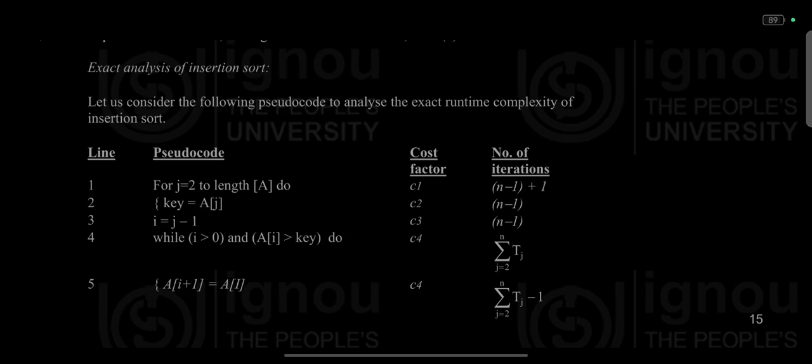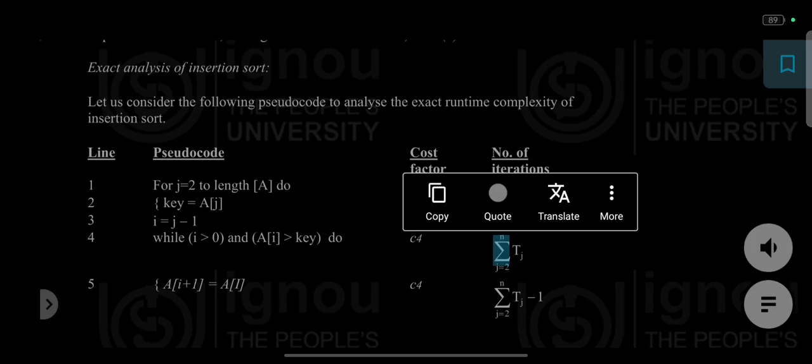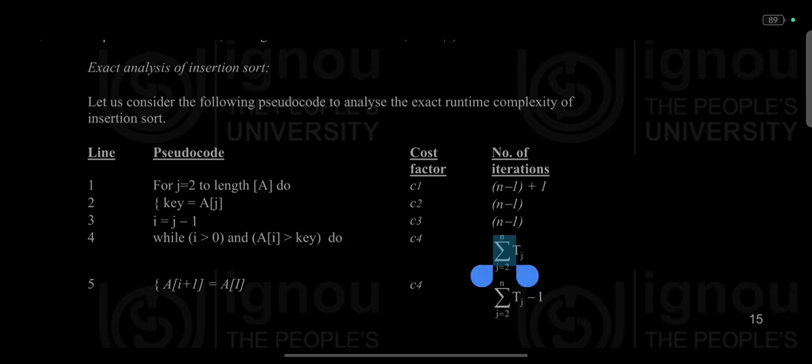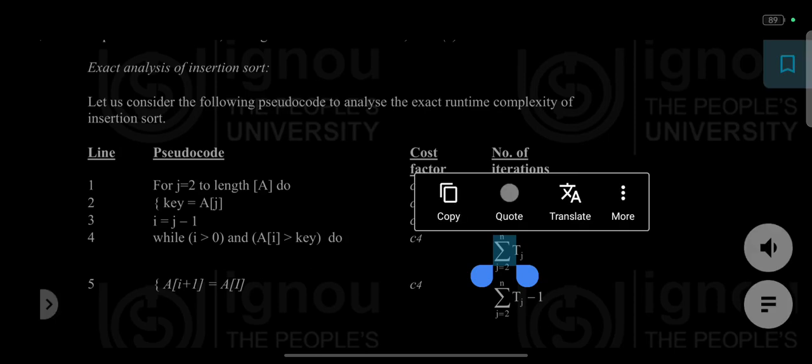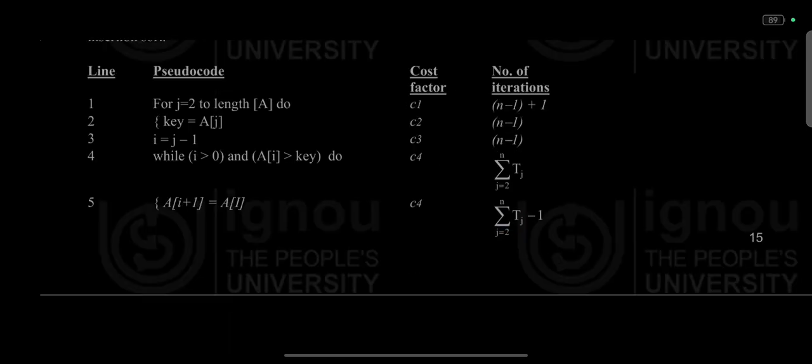What is this? If anybody can read this, please write in the comment section how we will read this. Okay, and line 5: A[i plus 1] = A[i], c4, n minus 1. Okay, this, please anybody tell me.